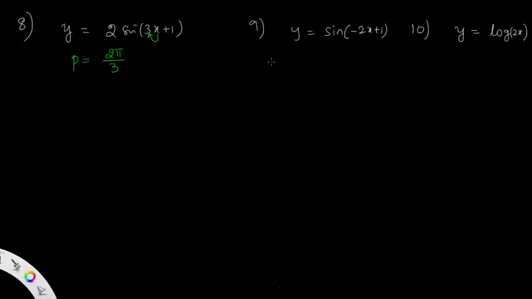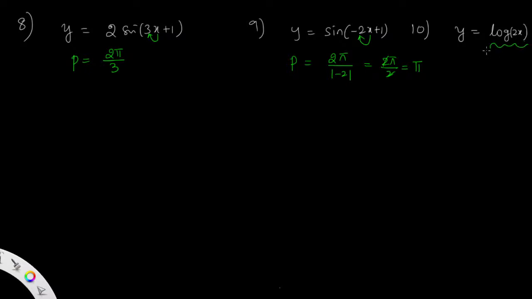Yes, here periodicity is 2 pi by mod a. Mod a is the x coefficient, that is minus 2, so 2 pi by 2, which is equal to pi. Yes, right.